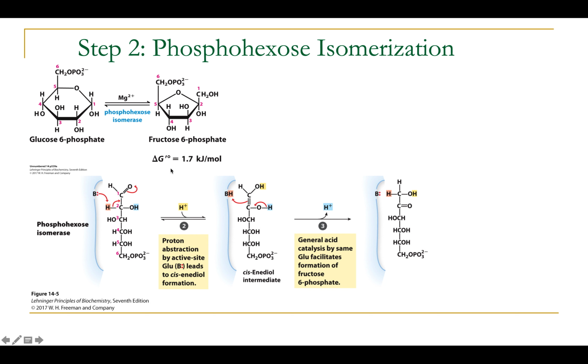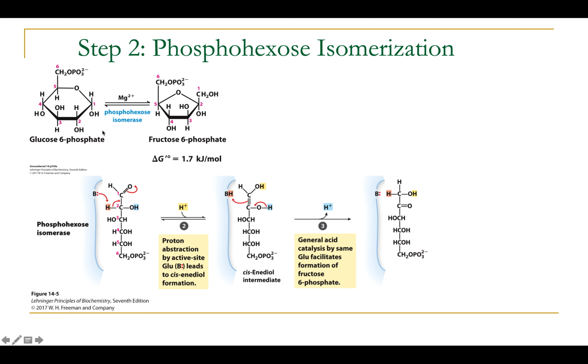The reaction is almost neutral from the energy perspective. The free energy difference between substrates and products is only around 1 kilojoule per mole. So this reaction is entirely reversible.